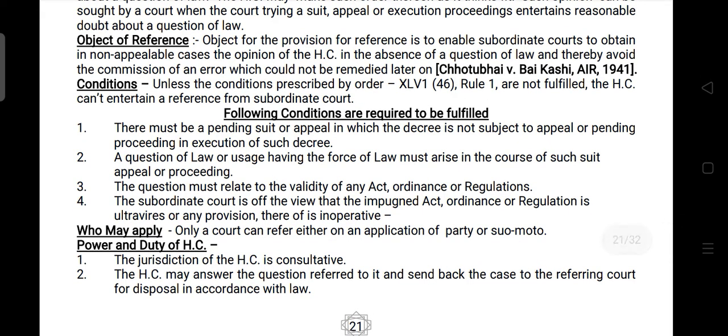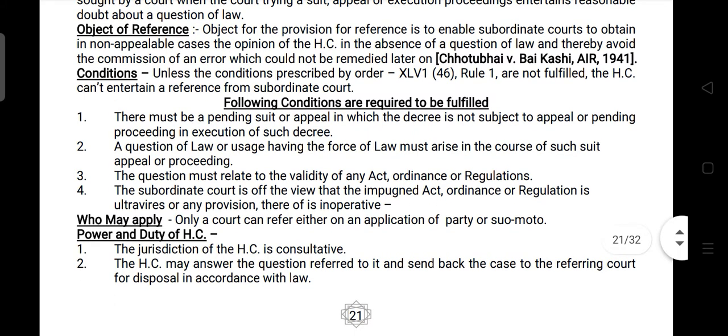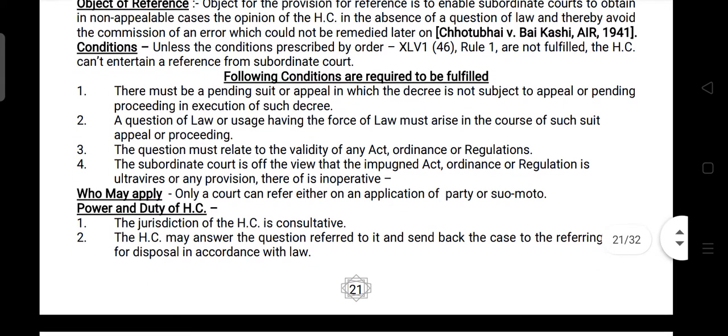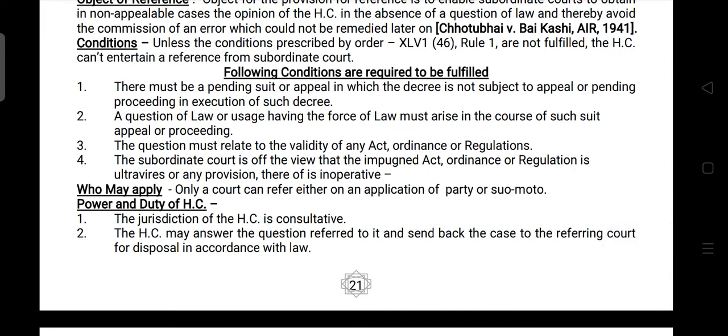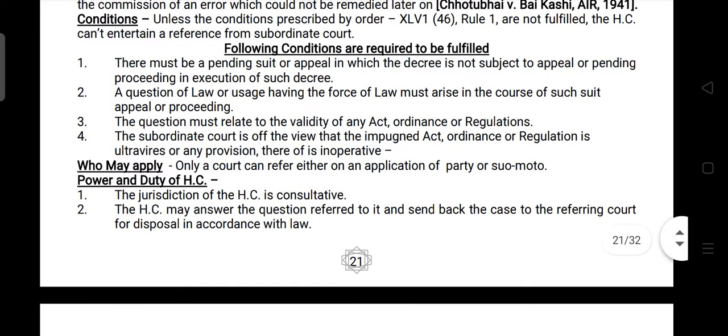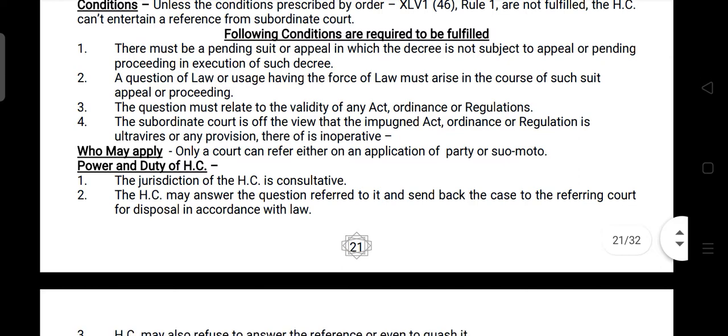What are the conditions? Number 1, there must be a pending suit or appeal in which the decree is not subject to appeal, or a pending proceeding in execution of a decree. Number 2, a question of law or usage having the force of law must arise in the course of such suit, appeal, or proceeding.